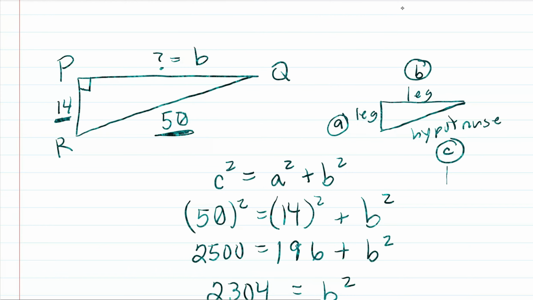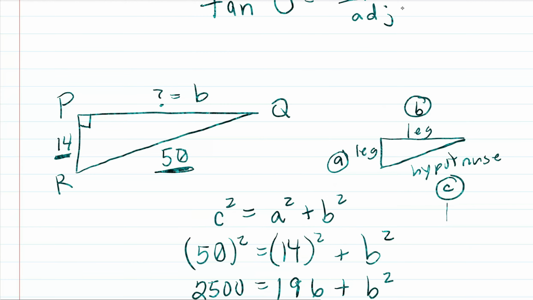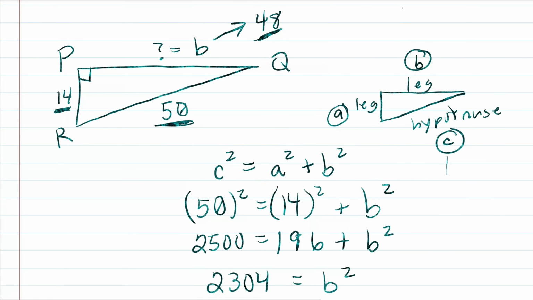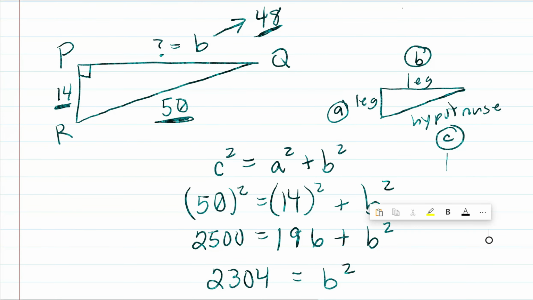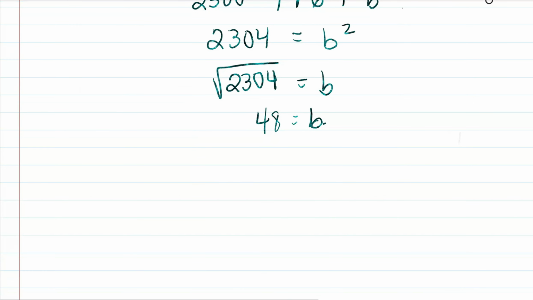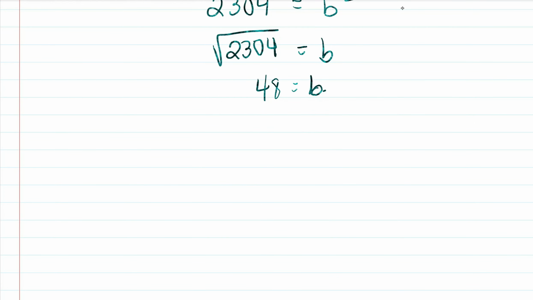So I can go ahead and replace that B with 48. And again, if they're using units, it'll just be whatever units they have in the problem. So we have a right triangle with legs 14 and 48, and a hypotenuse of 50. Let's go ahead and answer some questions about the trig ratios.